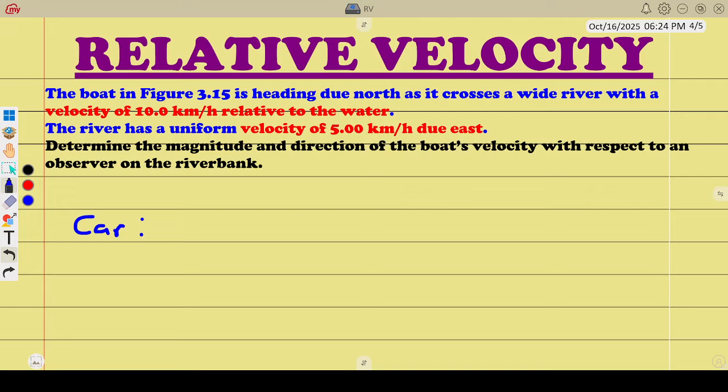So this is the homework. We have a car which is moving due west. A car is moving due west at 20 meters per second.